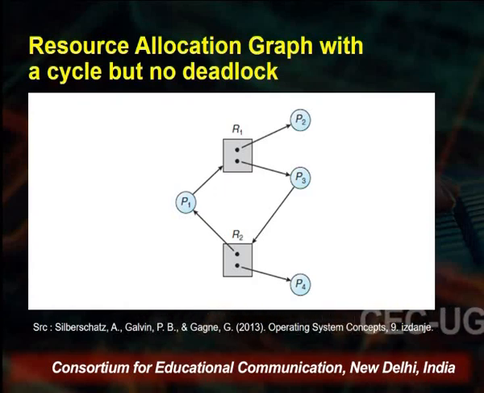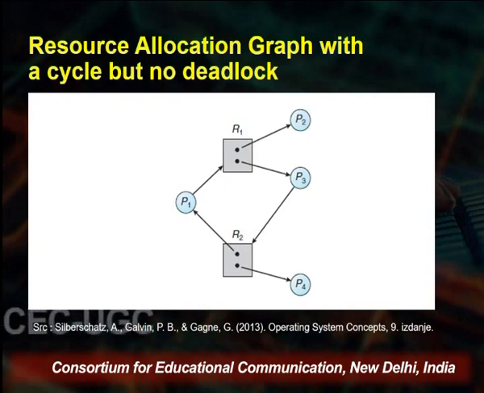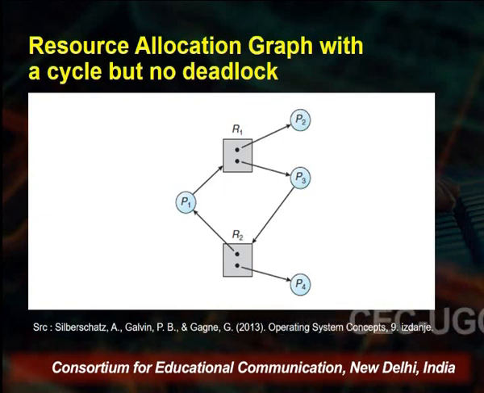As we can see, there is a cycle in the graph because P4 has got the resource R2, okay, and P3 has requested for R2, P1 also has R2, right. So therefore P1 can execute with R2 whenever it will get R1.